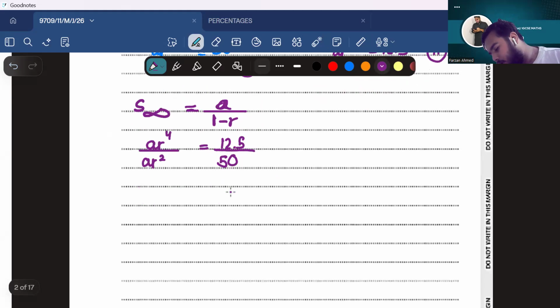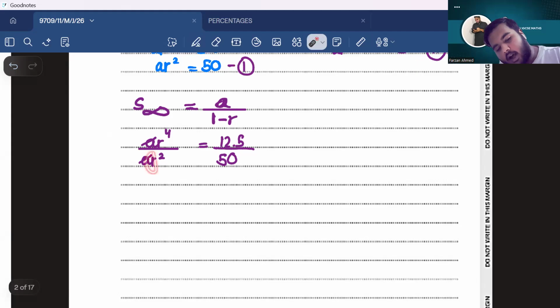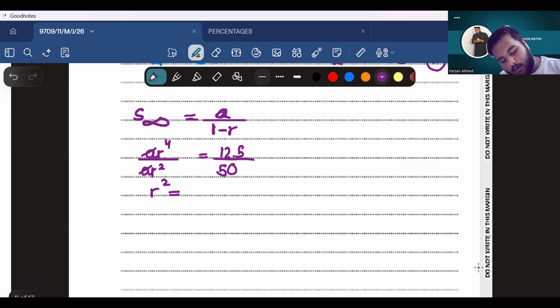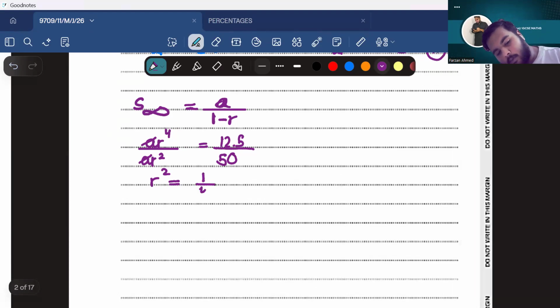A and A cancel, and R cancels, so this will be R square. So R square is equal to 12.5 over 50, which is 1 by 4. So what is R, the common ratio? We got plus or minus 1 upon 2, and we take R as positive. So this is our R.